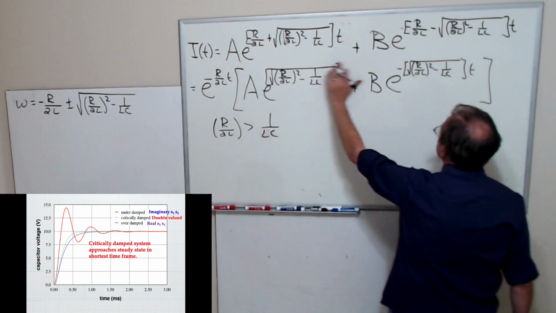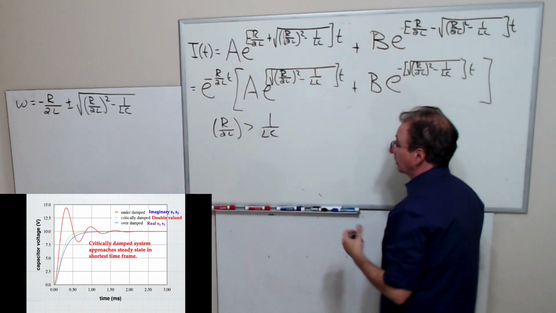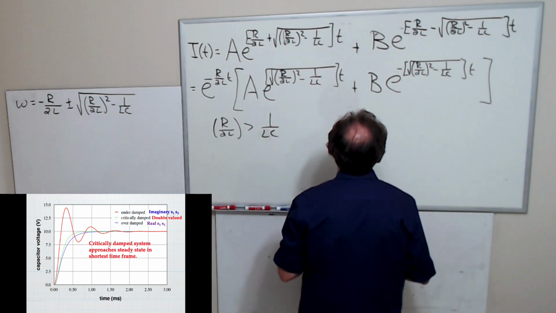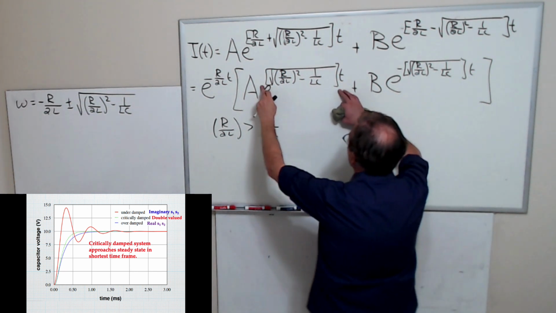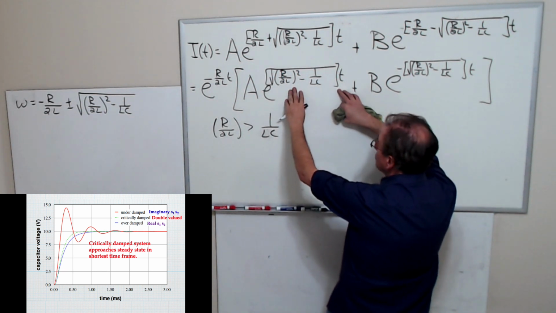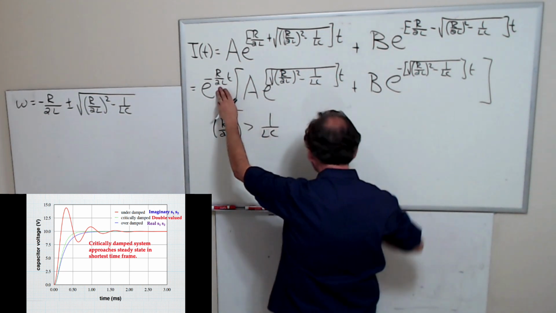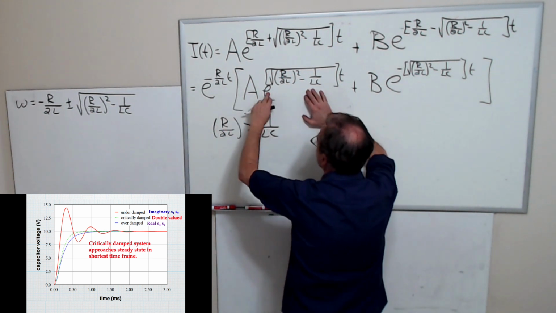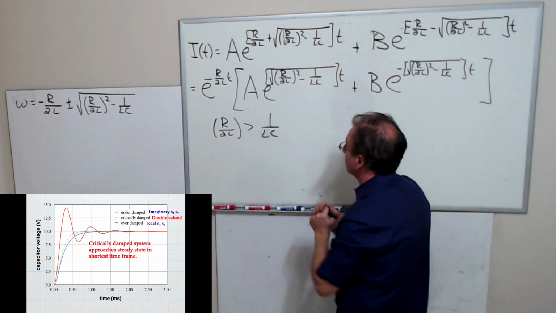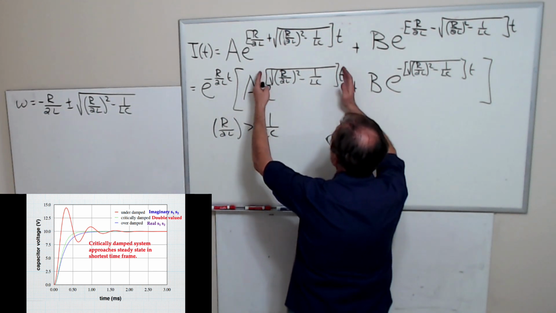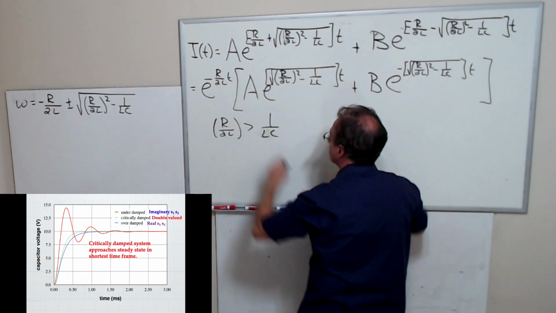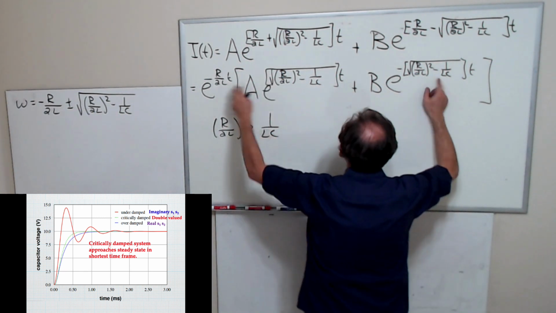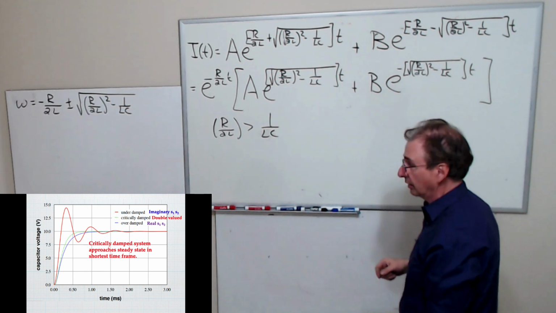What's under the radical is positive, and so you have this term which exponentially grows, but then is multiplied by this term which exponentially decays. So overall, this term represents an exponential decay because this exponent is bigger than this exponent. This is more negative than that is positive. And then this one's negative and this one's negative. So you get a decaying exponential overall.